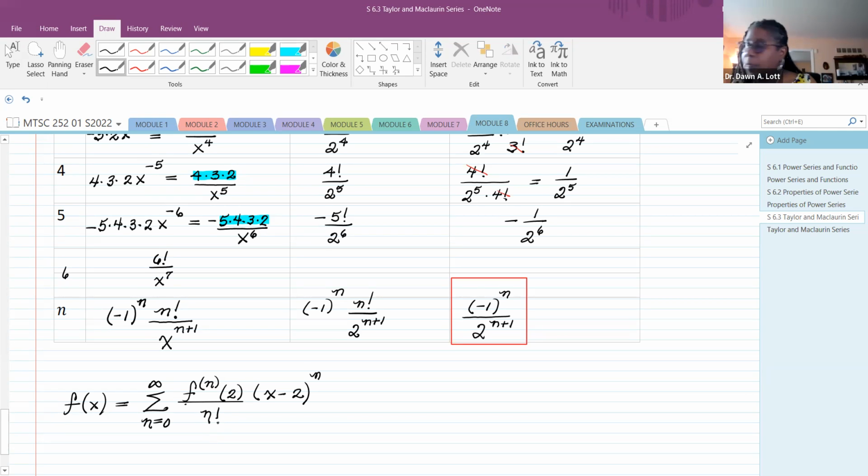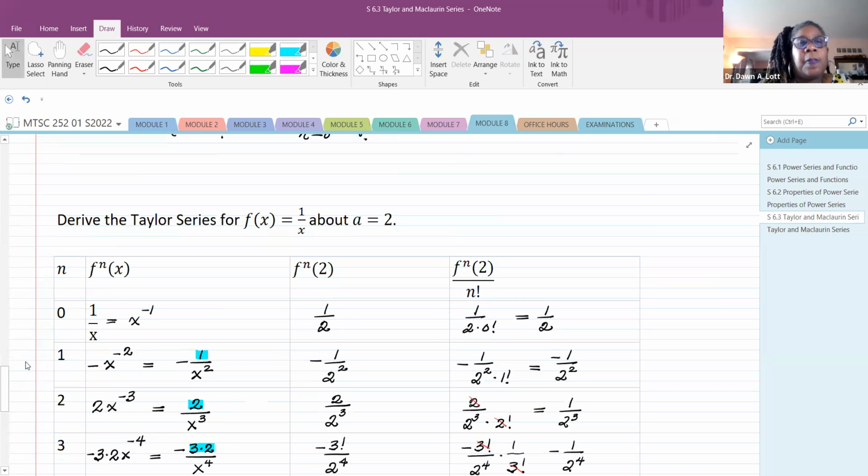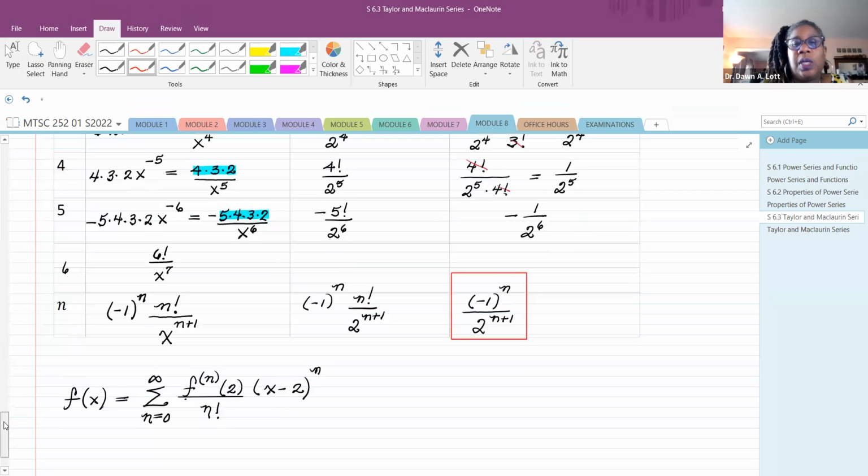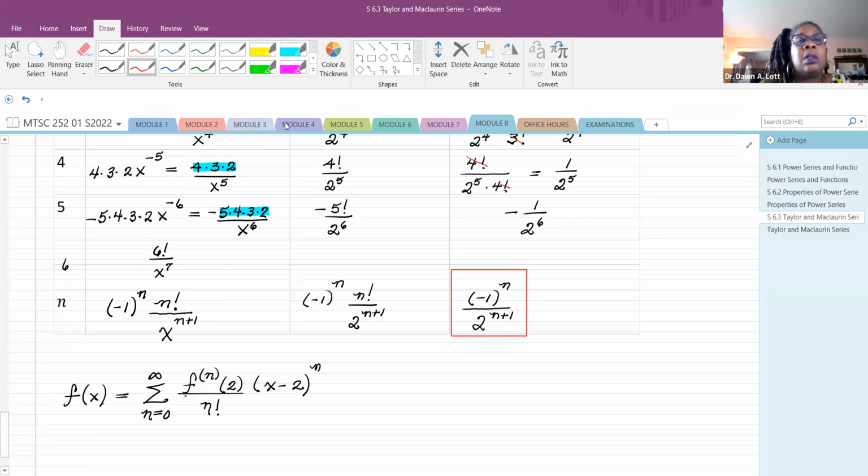But that's what this is: the nth derivative at 2 over n factorial is that. And when we came down here, we got that formula. So that is what is going to go in here.